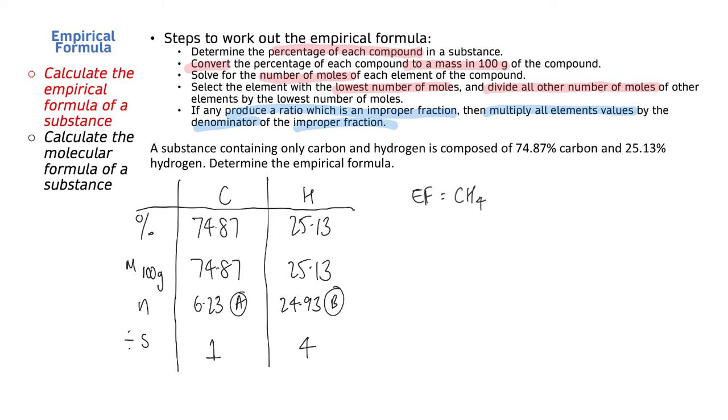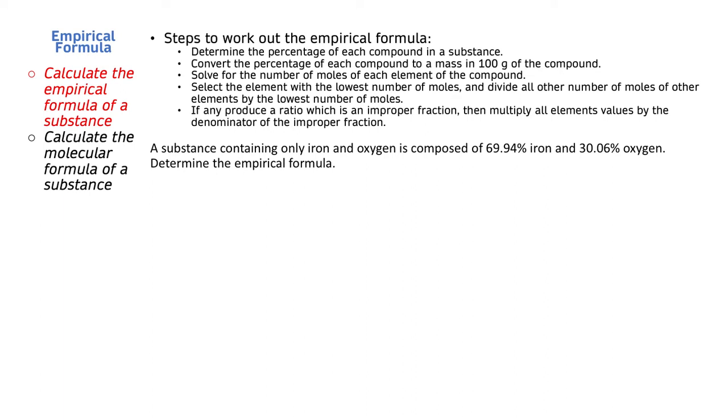Let's have a look at the next one. Okay, so again, we've just got a different amount of iron and oxygen this time, so let's go work out its empirical formula. So again, draw out a table, Fe and O. First thing we want, okay, what have we got? We've got the percentage of each, so we're going to put in the percentage, 69.94 and 30.06%.